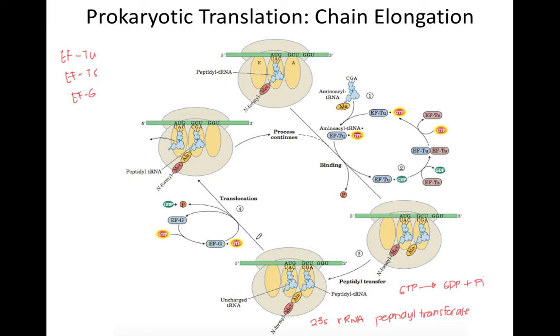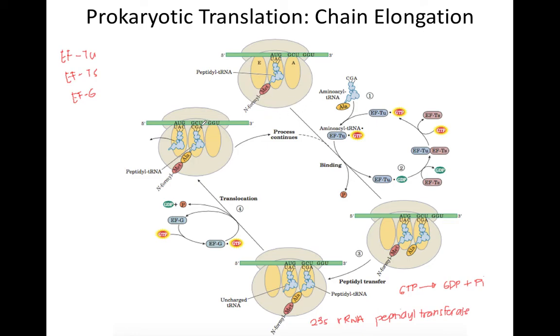This is where your EF-G comes in. So EF-G is bound to a GTP and it binds near the A site, so that once it binds, it facilitates translocation. When you say translocation, it's the part where your ribosome moves.